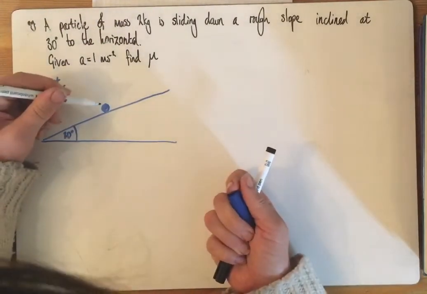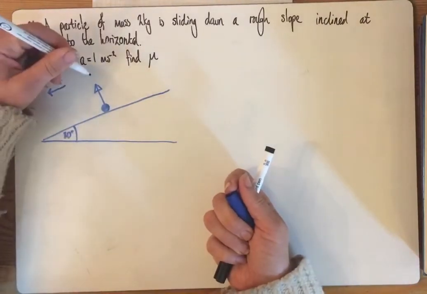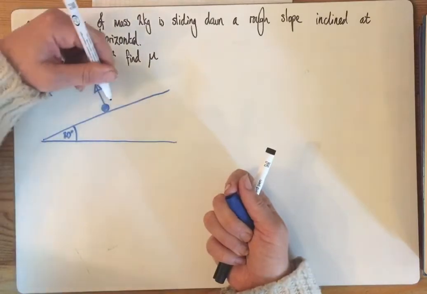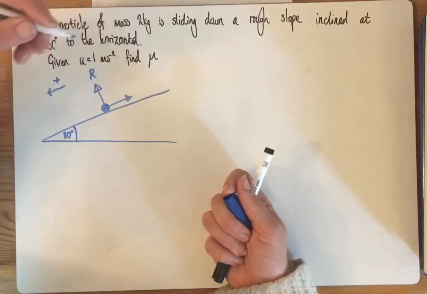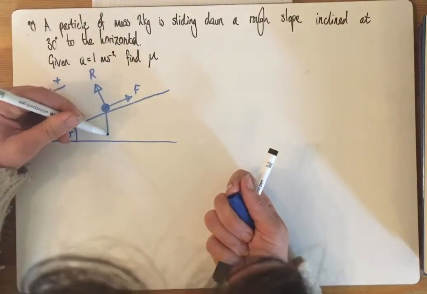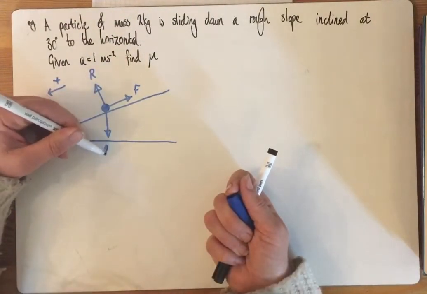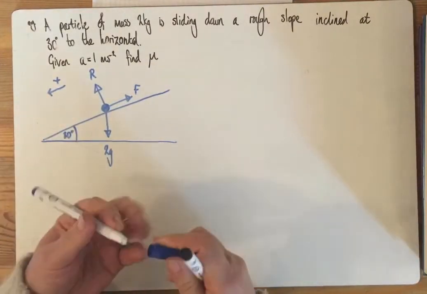We have reaction force acting perpendicular to the surface. The frictional force opposes motion, so that will be parallel to the surface. And then we've got weight acting down, no other forces.